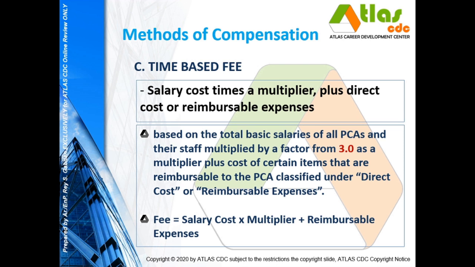So medyo mataas ang multiplier dito dahil nga sa kanilang level of expertise. So the computation is very similar to MDPE, no? Yung salary cost and then times 3 the multiplier, and add the reimbursable expenses as mentioned yung kanina.